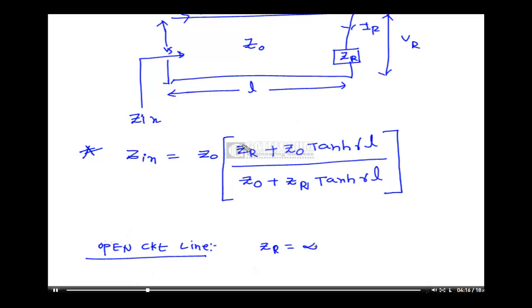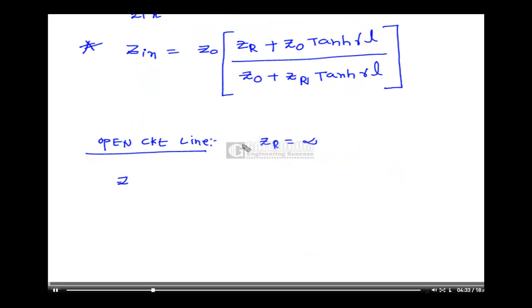If the circuit is open at the load end, there is no current at all. Current zero means impedance is infinite. So ZR is equal to infinity. This is the ideal case. Now what happens to Zin? Zin is equal to ZOC, because this is a particular case, so I am representing it with open circuit. So the input impedance is nothing but the open circuit impedance.